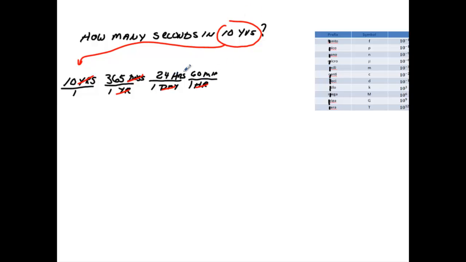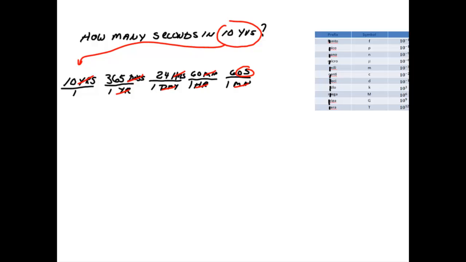Hours cancel out. Minutes in the numerator, I put minutes down here. Minutes cancel out. And now I'm left with just seconds.